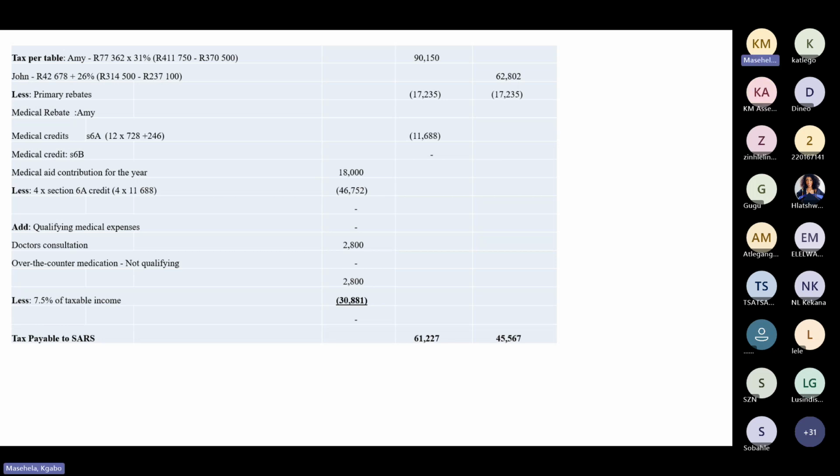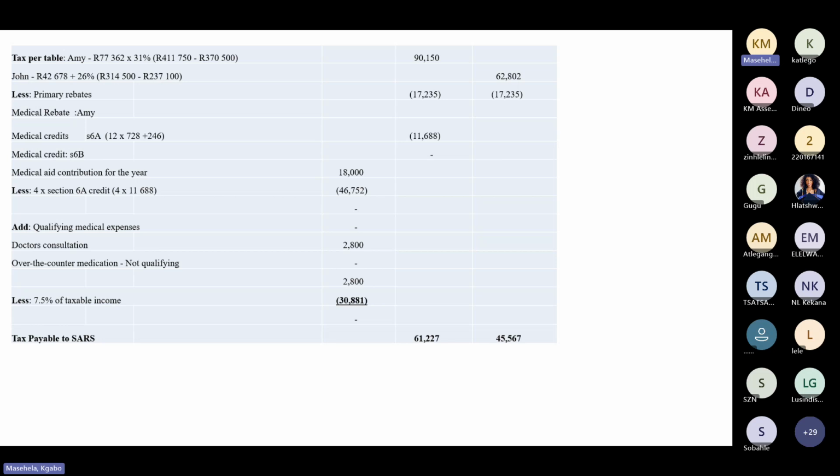When you calculate Section 11F, retirement annuity fund, you need to first do your calculation to see whichever is the lesser between your calculation and the contribution made by that particular individual. That is a principle. Primary rebates: if an individual is less than 65 years of age, that person is entitled to 17,235.